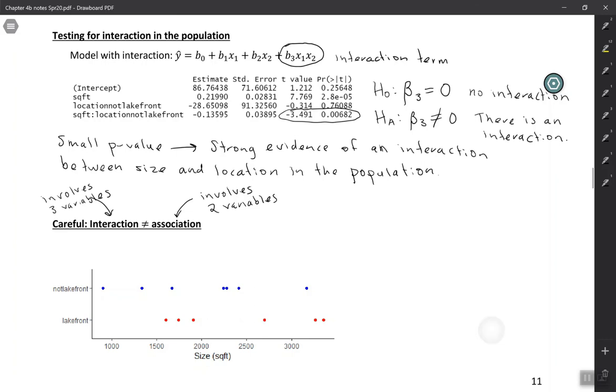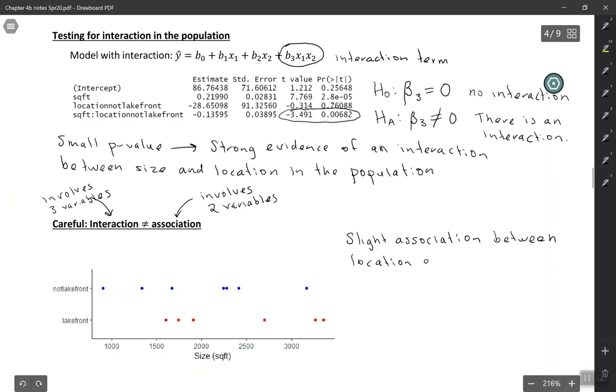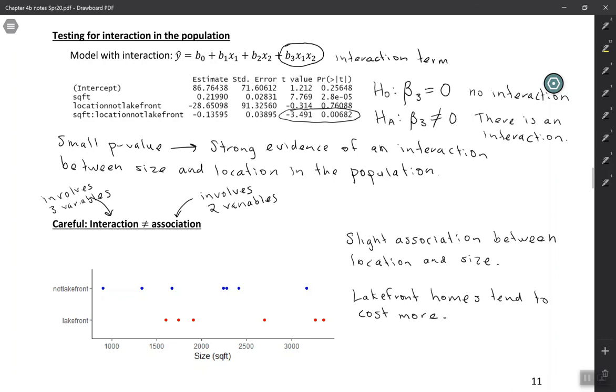So here we do have a slight association between location and size. So this association is something that we might be interested in, but it's very different from interaction. So we have to be very careful with those terms.